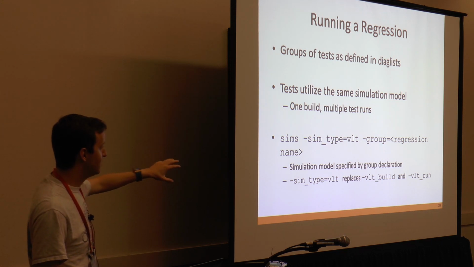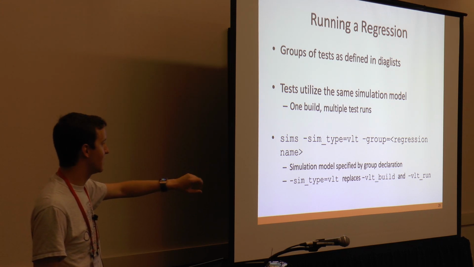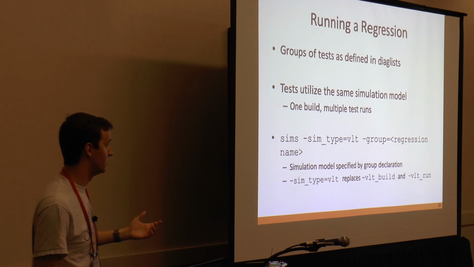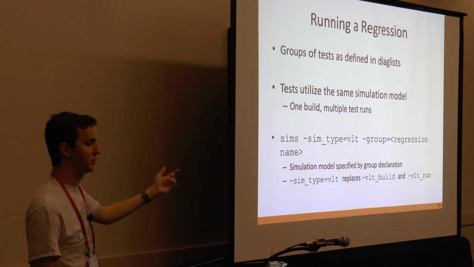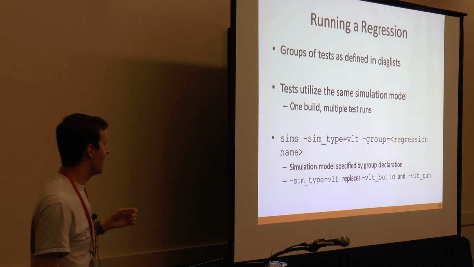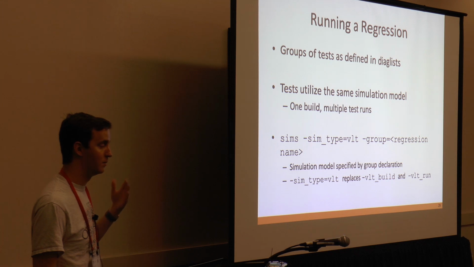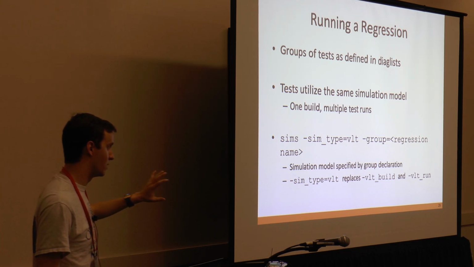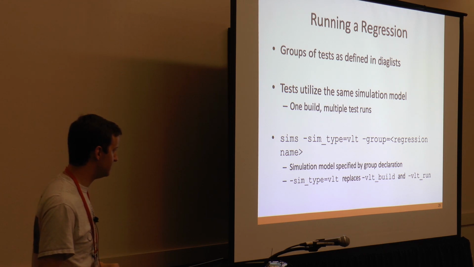Basically, you can say sims, and then using the sim type flag, indicate what simulator you want to use, and then indicate which regression group you want to use. This is basically the same thing as doing the build and run commands for these tests and for this one particular simulation model.